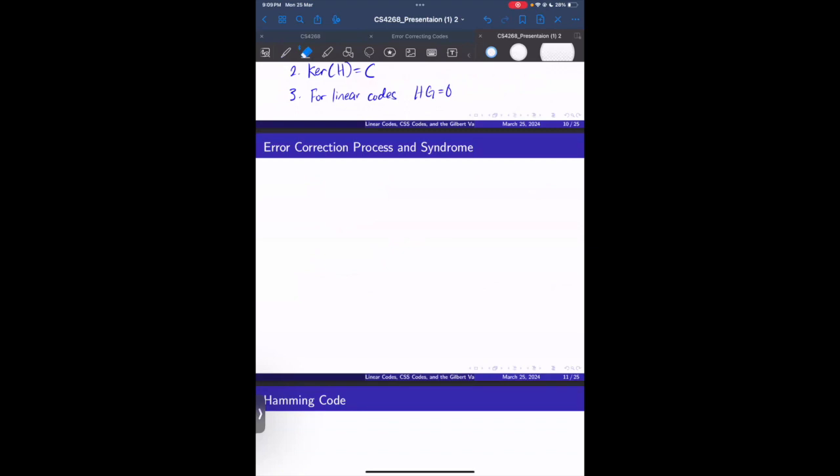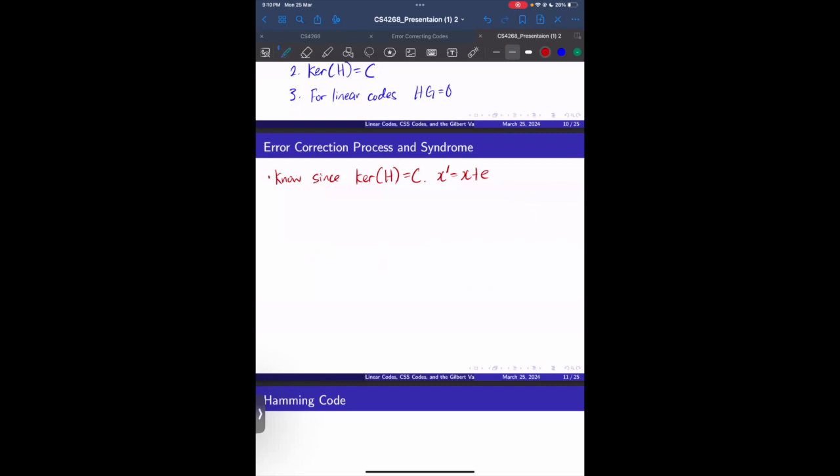So how it works is that we know that since the kernel of H equals C, our x prime, the message that Bob receives, is x plus e.